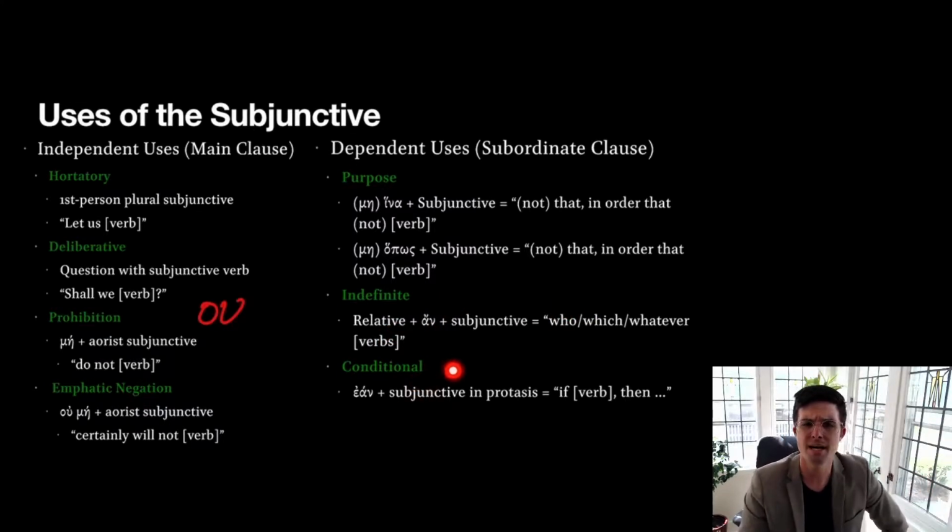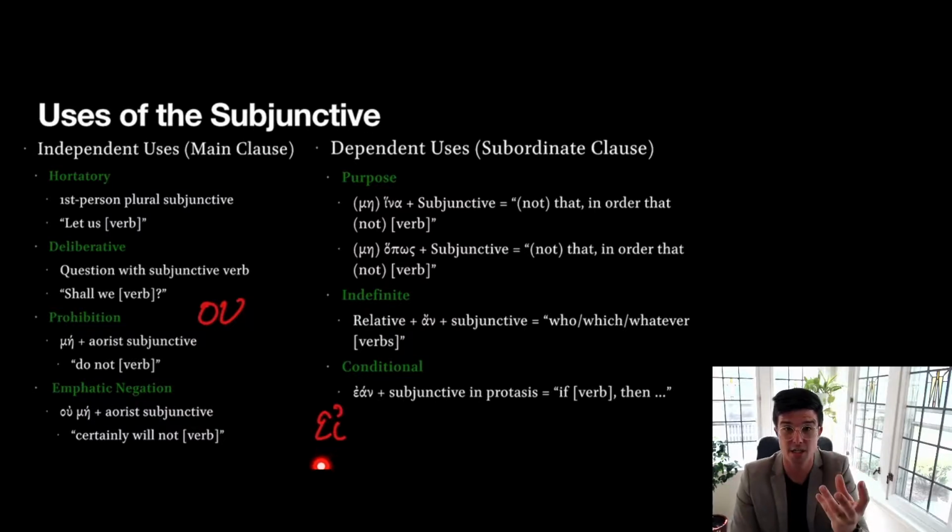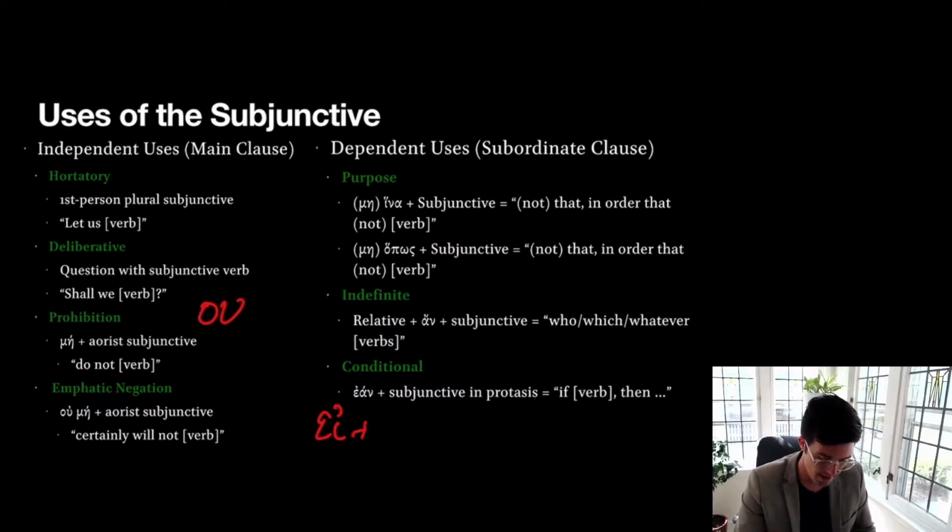And then lastly, we'll see the conjunction often used in conditional sentences, ean. This ean here is a combination of ei, which you have learned previously as the word "if," a contingent particle, if this happens, with this form an that you will often see with the subjunctive mood.